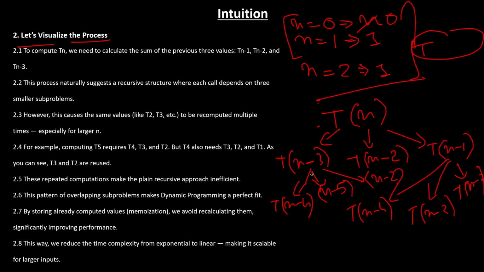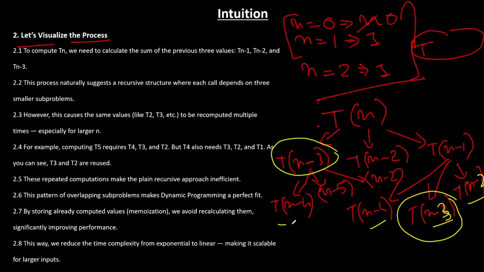Correct? So if you could see here, this was n minus 4, this is n minus 3, this is n minus 2, right? T of n minus 3 and t of n minus 3 are repeating, correct? T of n minus 4 and t of n minus 4 is also repeating, right?